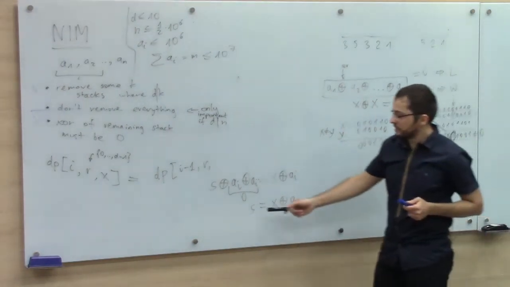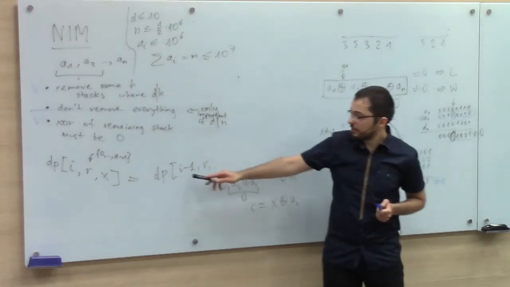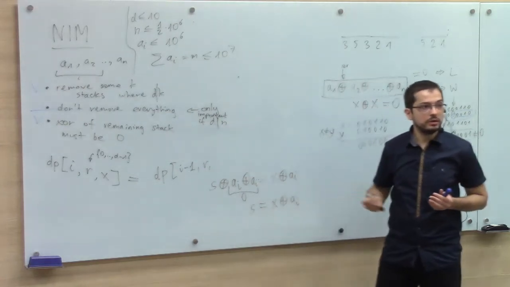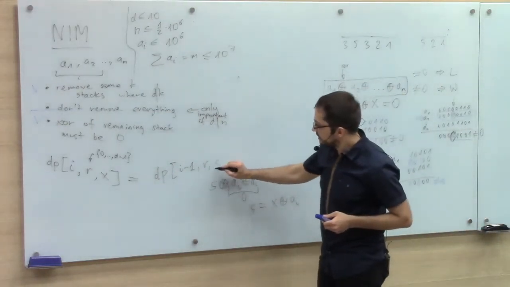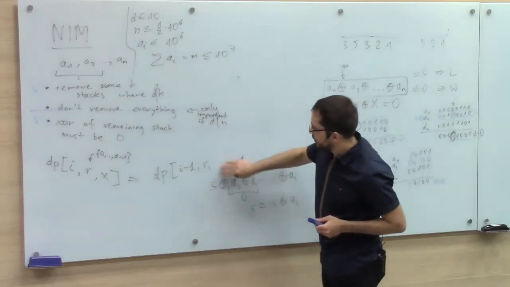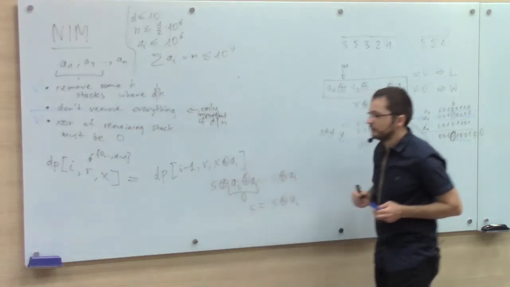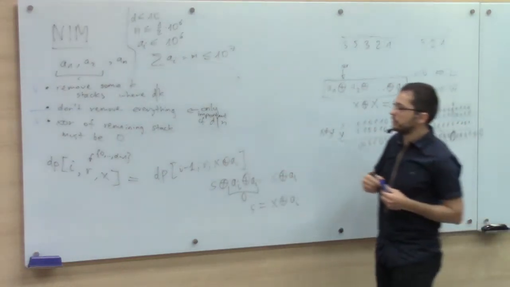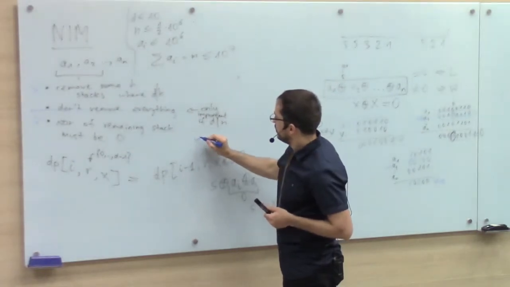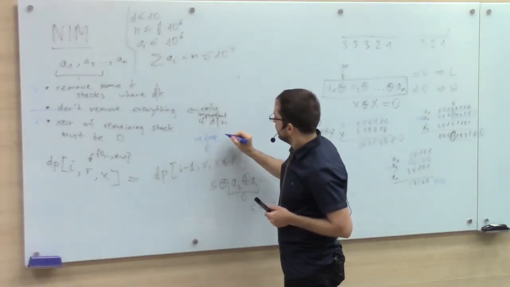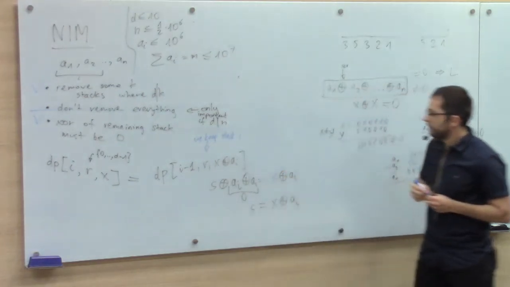And S was the XOR of the remaining stacks from 1 to I minus 1. So basically here we have X XOR AI. And this is one case of our dynamic programming, the case where we keep stack I.